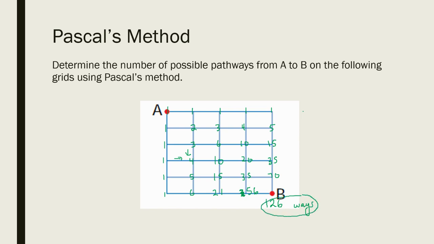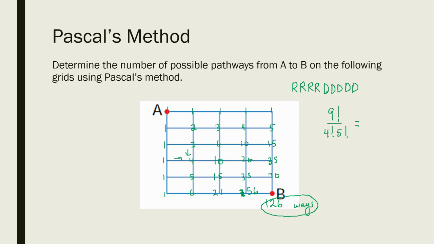Thinking in terms of previous days, just double checking our answer, to get from A to B, you would do a combination of going right 4 times and down 5 times. That's equivalent to 9 factorial over 4 repeating R's and 5 repeating D's. If you do that calculation, we should get, if we did our math correctly, 126.